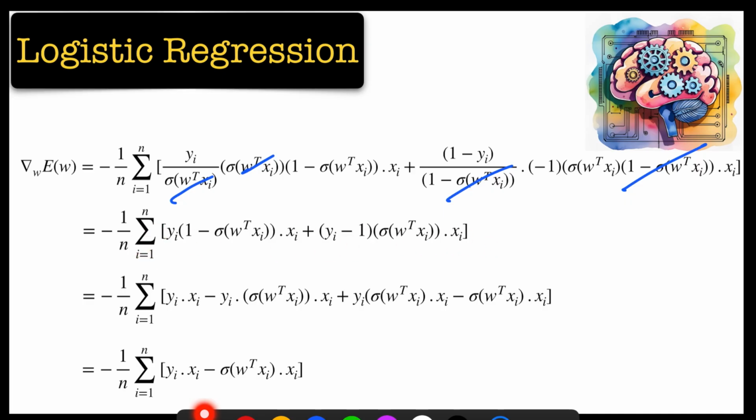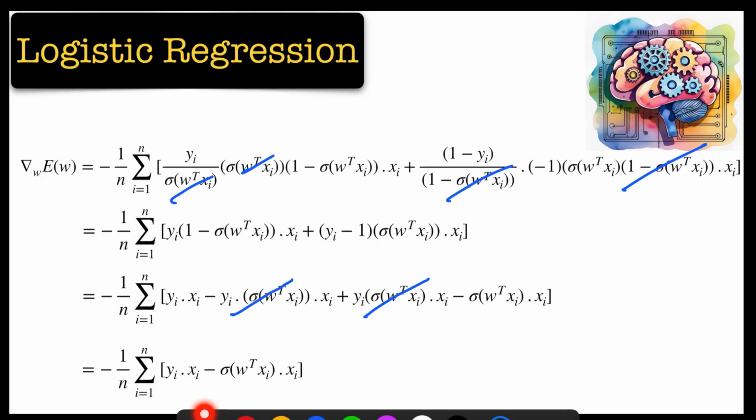Now again simplify this. We are getting yi xi minus yi sigmoid of w transpose xi times xi. From here, what we are getting? Yi sigmoid of w transpose xi minus sigmoid of w transpose xi times xi. Now again this one and this one we can cut. These are the same. So ultimately what we are getting?